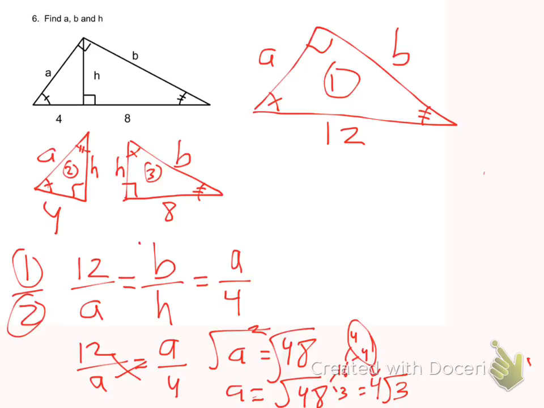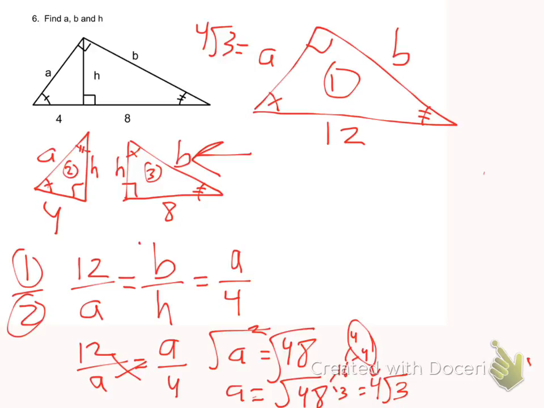Now that we have A, watch what we can do. We now know A. Could I use Pythagorean Theorem to solve for B? Yes. Once I know B, I plug into there, and then I can turn around and solve for H using Pythagorean Theorem again.